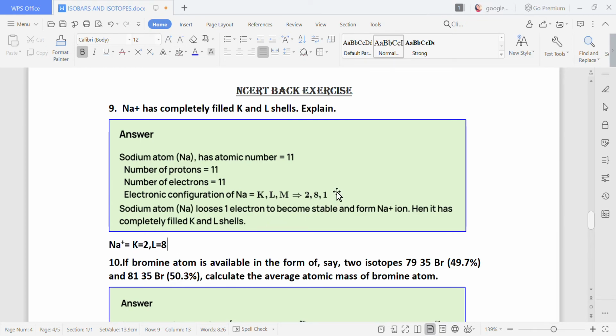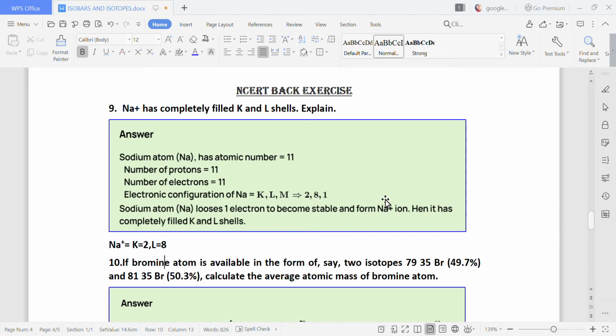The 1 electron which was there earlier has now been given to some other element, so now there are only 2 shells present, K and L, and both of them are completely filled. So this sentence, Na plus has completely filled K and L shells, has been explained to all of you, right?